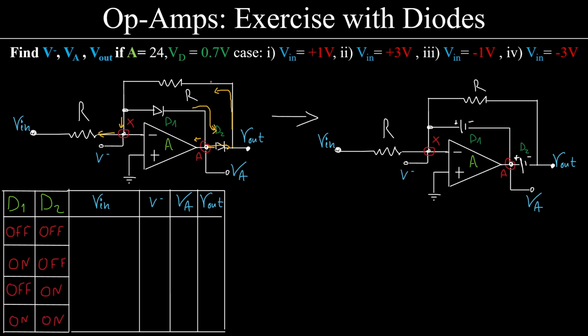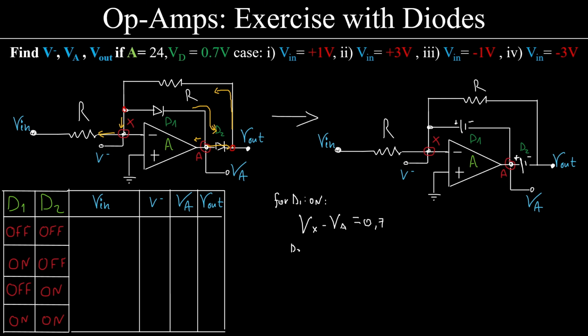If the current flows like this, the voltage here has to be higher than the voltage here or here. If the voltage here is higher than this voltage, it's impossible to have the conditions of both of these two diodes being on. Let me explain. For D1 to be on, Vx minus Va must be equal to 0.7, the VD-on of this diode.